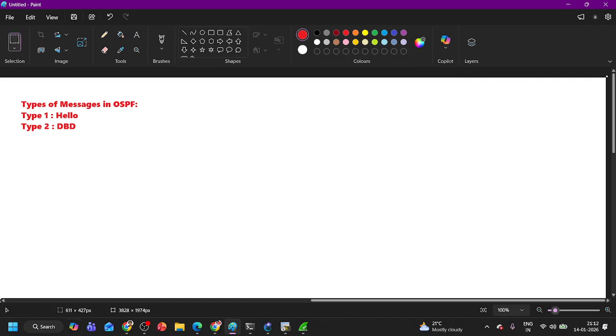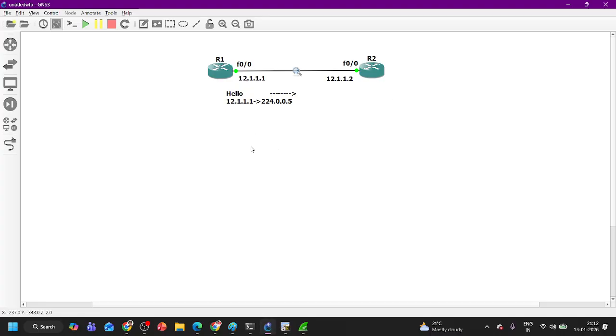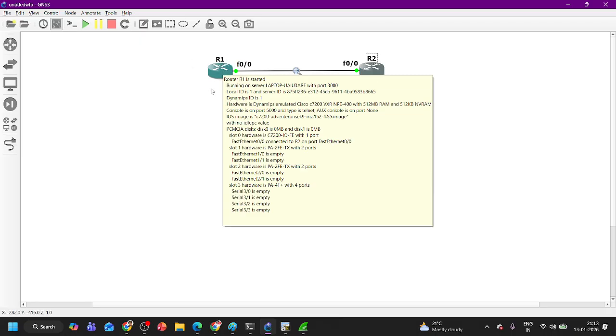Router 1 is going to tell router 2 that bro, I have 10 network, I have 20 network, I have 30 network, but not the complete information of those networks, because to calculate the metric, complete information is required, like cost is required. So if router 2 requests the detailed information, then router 1 is going to send it.